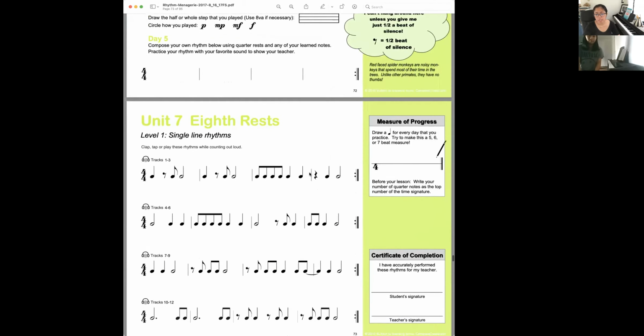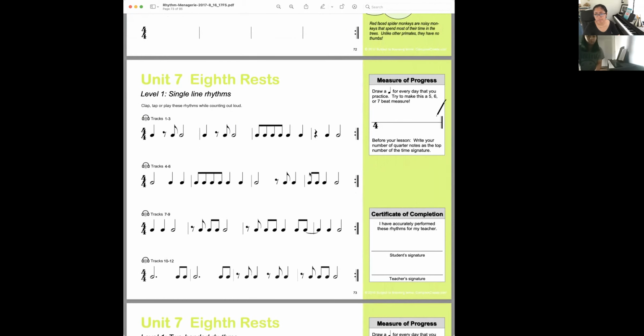And then this one, it's 7. I have the music for this available on YouTube. So what you can do is, let me just show you. Let me show additional screen.